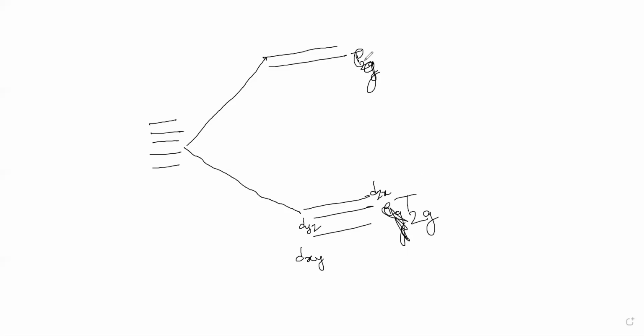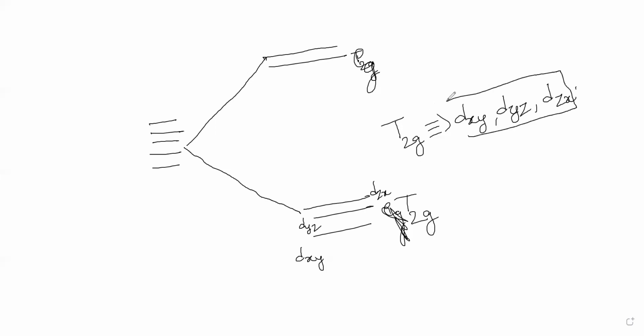T2g and Eg are called term symbols. Don't worry too much about that. See, there are two sets. T2g refers to three orbitals; you have to remember it: dxy, dyz, dzx. You assume this as one set right now. T refers to 3.